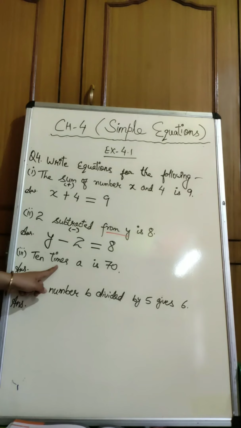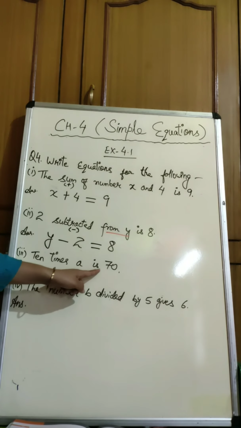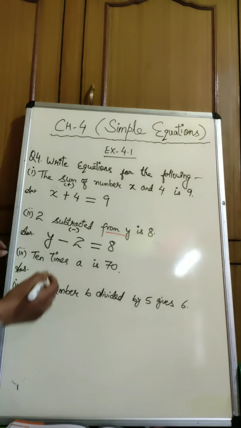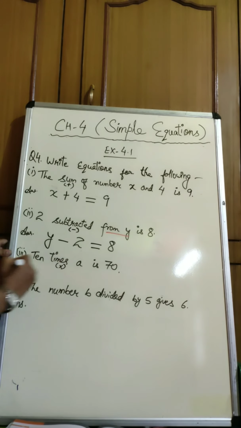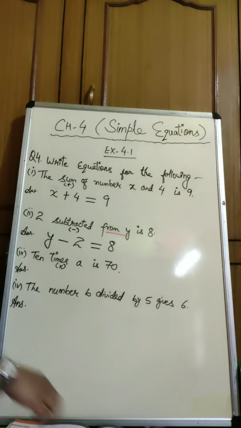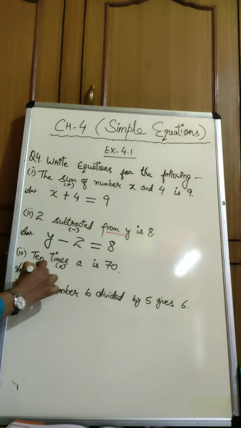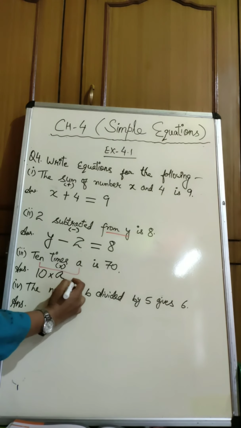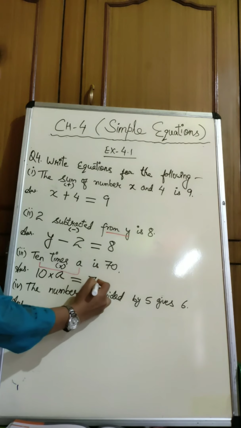Now the third part: 10 times a is 70. Times means into. So 10 times a means 10 into a, and is means equal to 70.